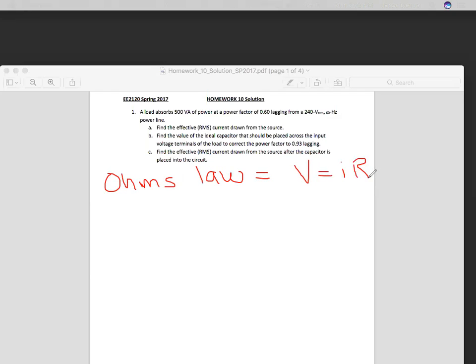In this case, or our power circle, which is P equals I times R, or sorry, not I times R, sorry, I times V. So we know that 500 is equal to some value I times our VRMS.